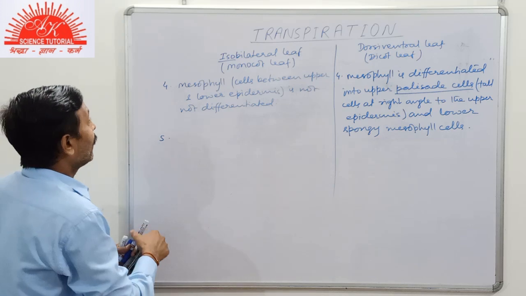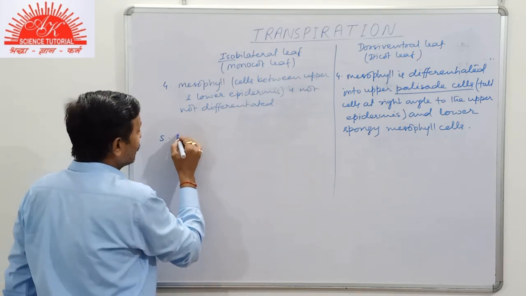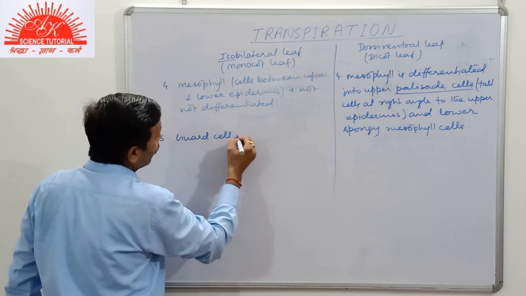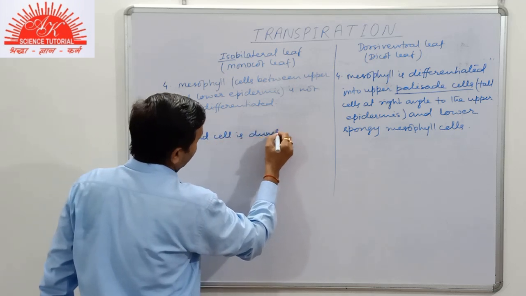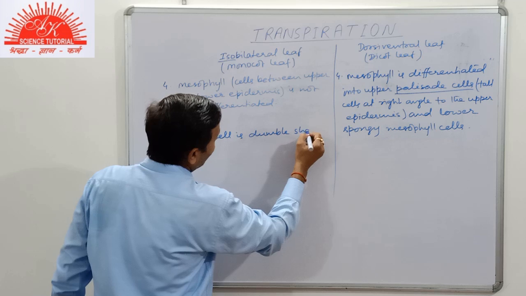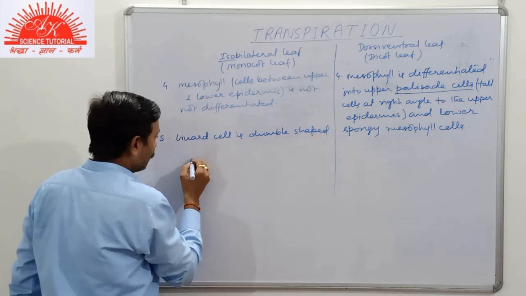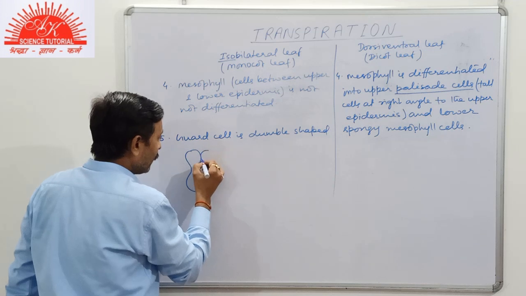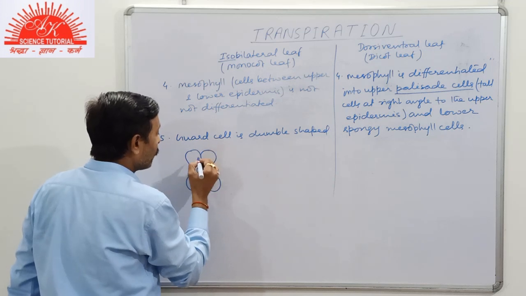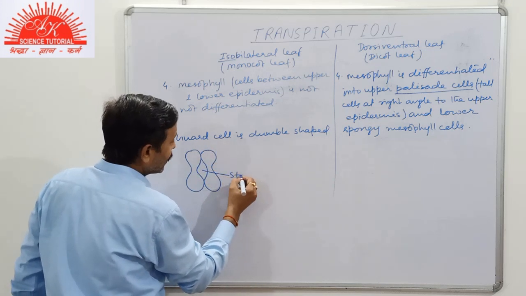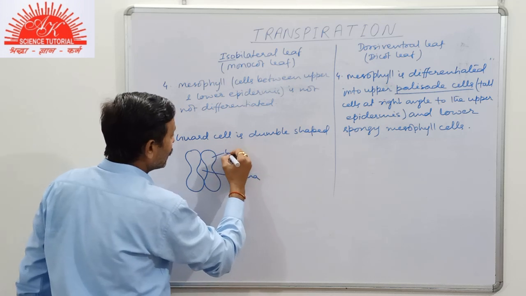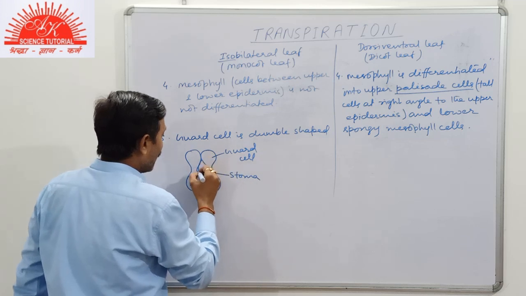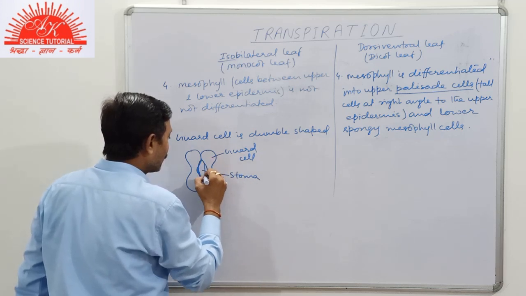In an isobilateral leaf, the guard cell is dumbbell shaped, like this. Here is the stomatal opening. This is the stoma, this is the guard cell, and this is its inner thicker wall.